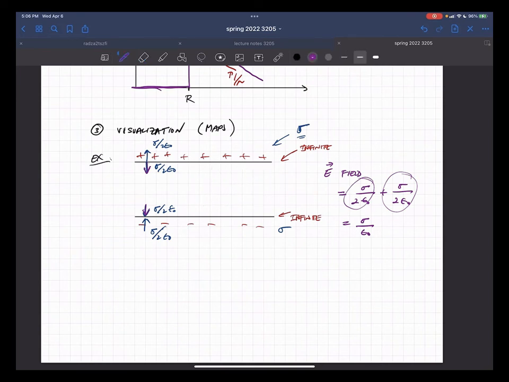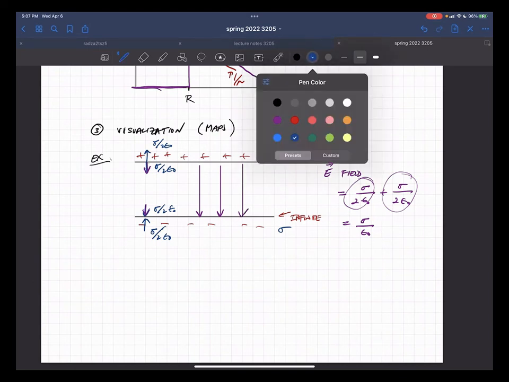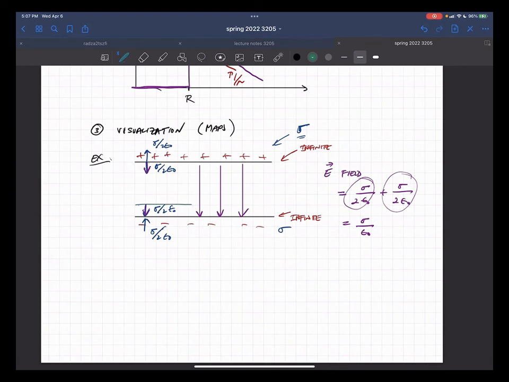I have these electric field lines, and the lines of constant voltage are going to be perpendicular to them because the electric field lines are pointing straight down, and we call these equipotential lines.